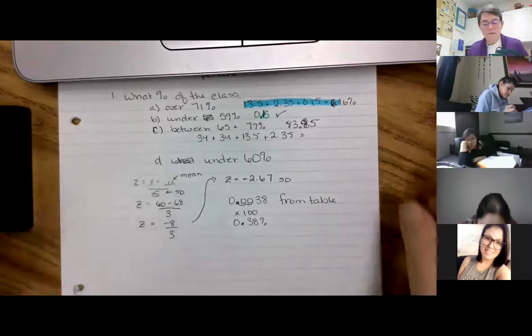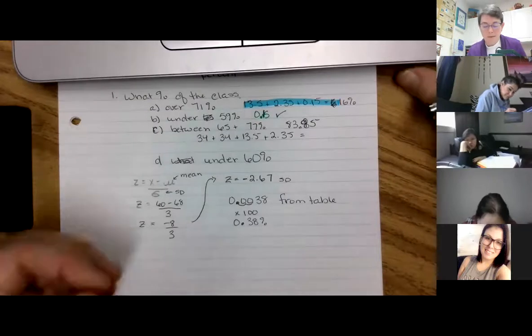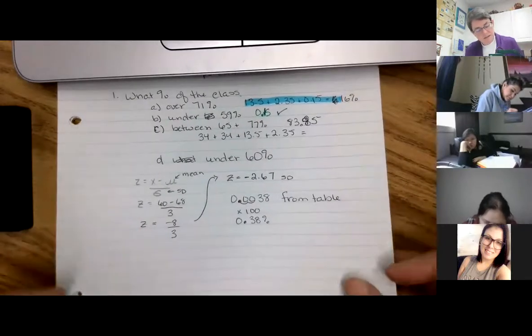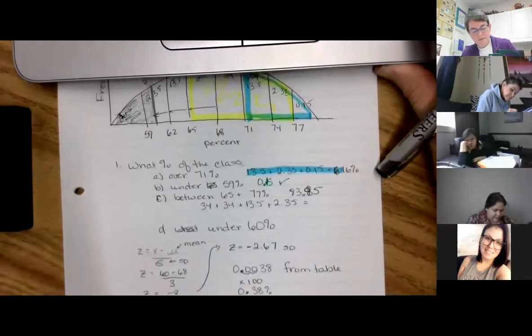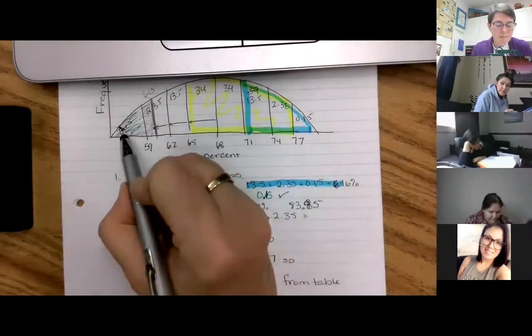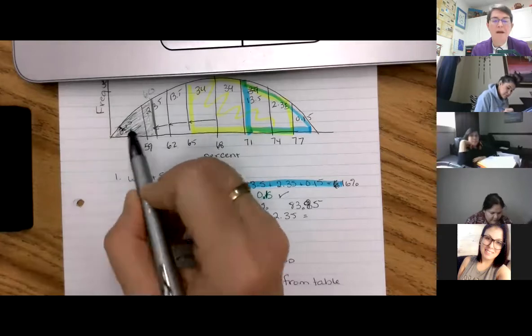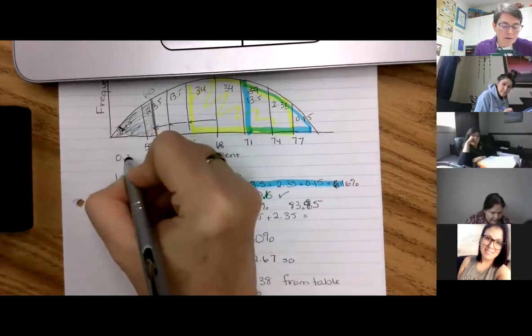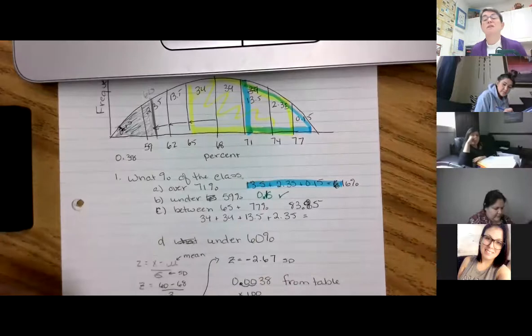Well, that seems really small because I was guessing 1, but I know for sure it better be bigger than 0.15, and we got 0.38. I'm going to call it close enough.